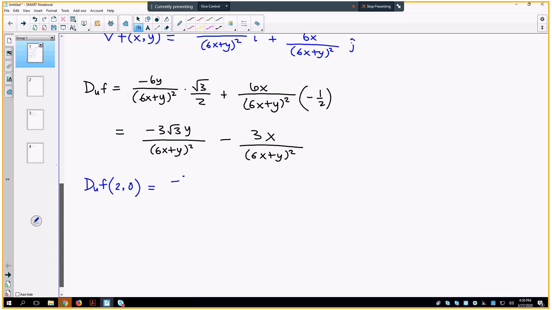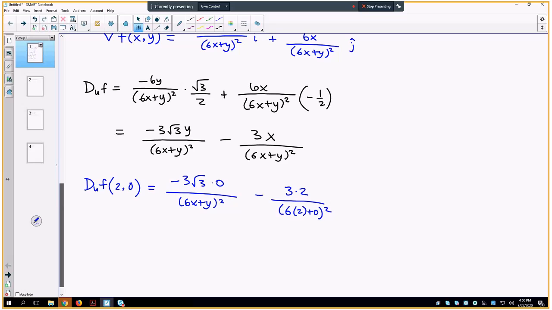is minus 3 square root of 3 times 0, which of course will be 0, over (6x plus y) squared, minus 3 times 2 over 6 times (2 plus 0) squared.